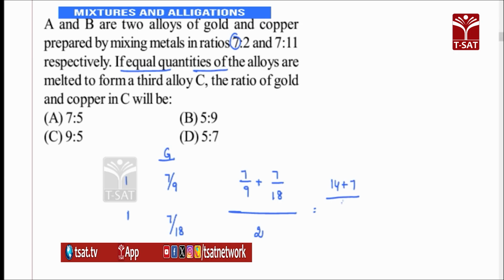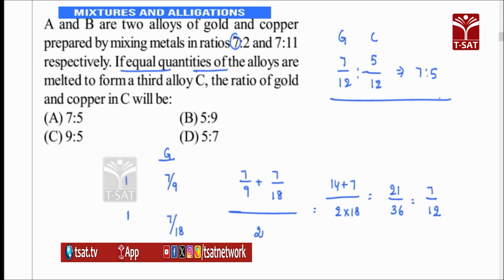This 18 comes down, 2 into 18. 21 by 36. Cancel it in the 3 table. 7 by 12. So gold in the resultant mixture is 7 by 12. Therefore copper should be what? 5 by 12. Remaining is copper, right? So what is the ratio? The ratio of gold and copper in the resulting mixture is 7:5.